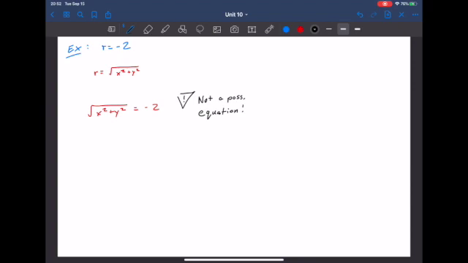Because a square root, this side can't be negative. Not just because the inside can't be negative, although that's true too. A square root never outputs a negative value. Okay, not with a positive coefficient like that.